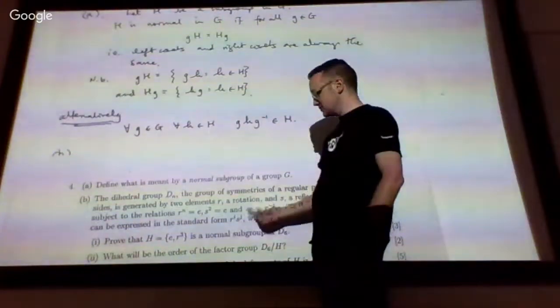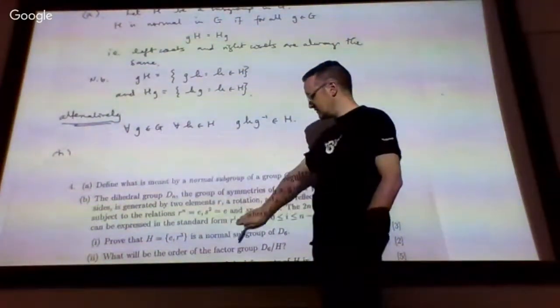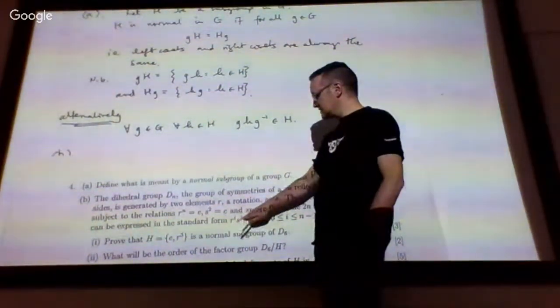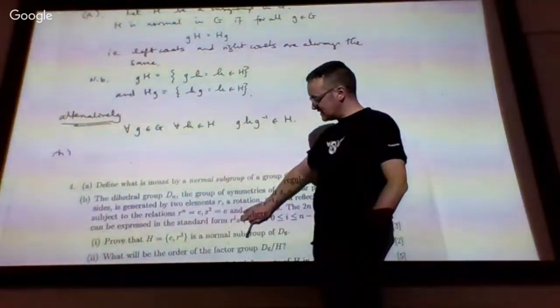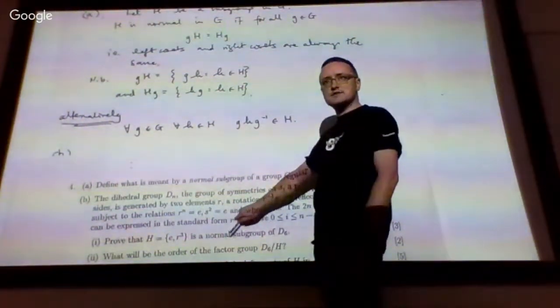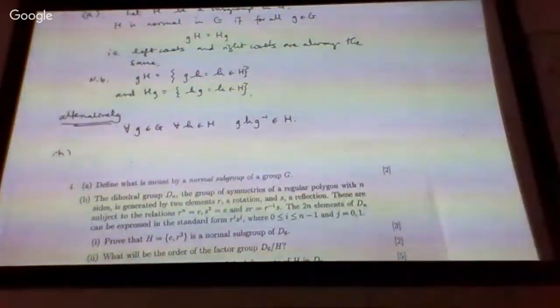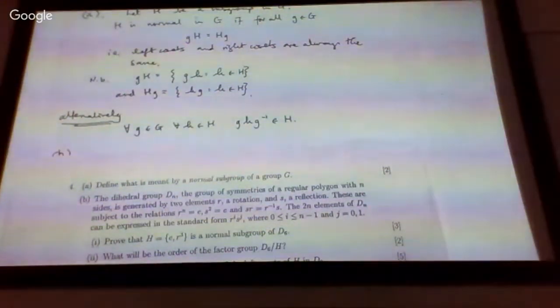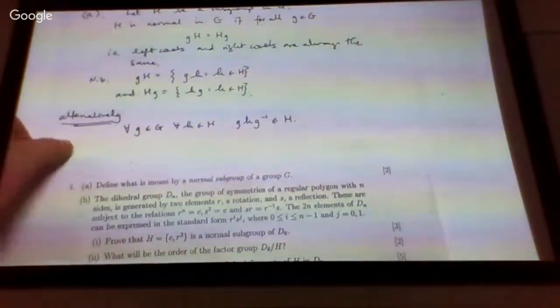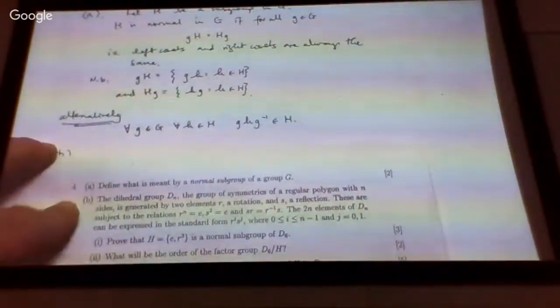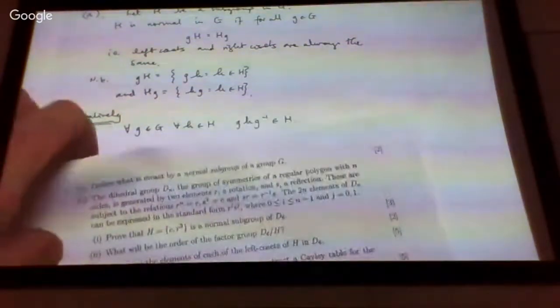So S to the 0 would be by definition the identity, so in effect it isn't there. Or S to the 1, so it's just S. So S is either there or it's not. And then you have some power of R. Everyone okay? Just take that information in. So that gives you the context in which to think of the dihedral group.